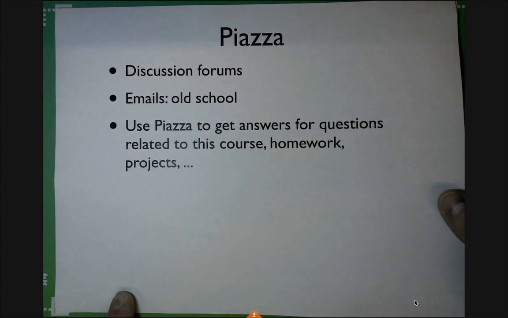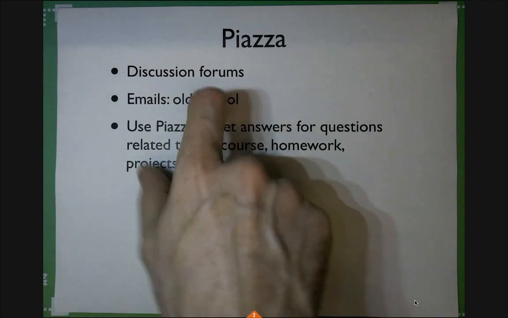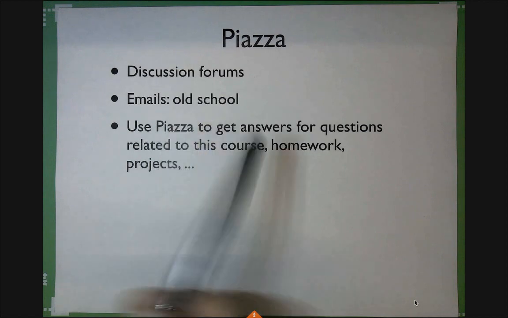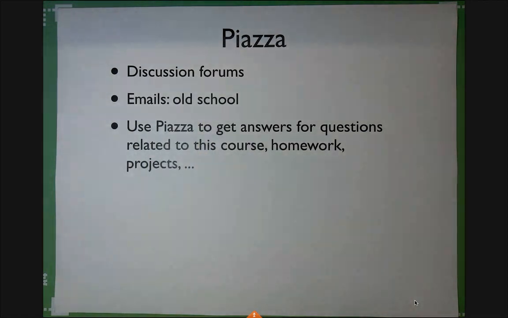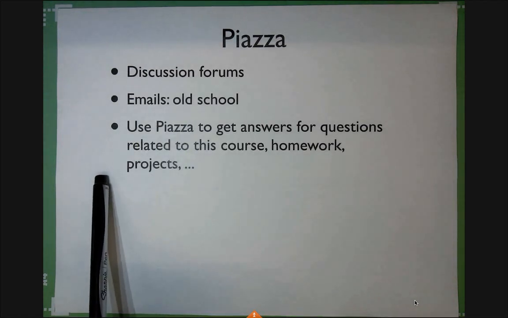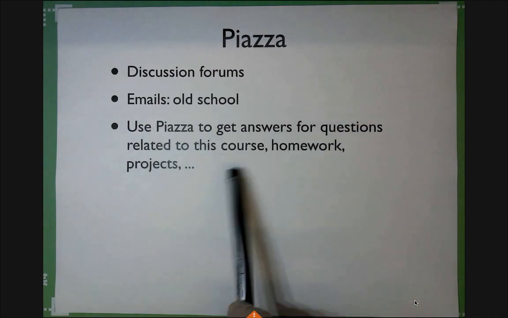So for discussions, as I mentioned already a little bit, we are using Piazza. It works so much better than emails because there are already like 40 of you, and if everybody asks me a question, that's a disaster in the mailbox, especially if it's the same thing, right? So discussion forums which you can search. Well, I guess you know this better than me, as you grew up in this age of social networks. So it's perfectly fine to ask questions related to the course homework.